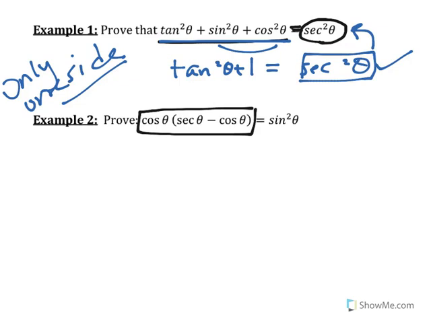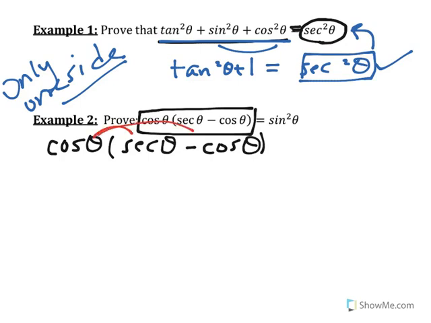What I see is, in parentheses, secant minus cosine, and outside I have a cosine. So I'm just going to start by doing some basic algebra distribution. I'm starting with cosine times secant minus cosine. And I'm just going to distribute in the cosine.